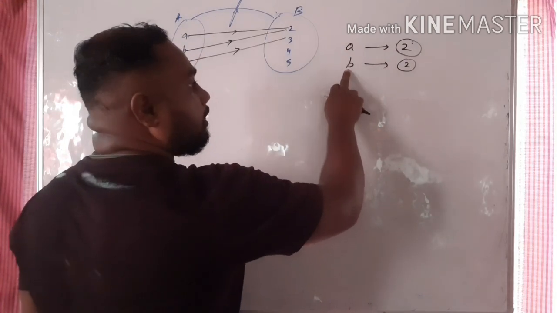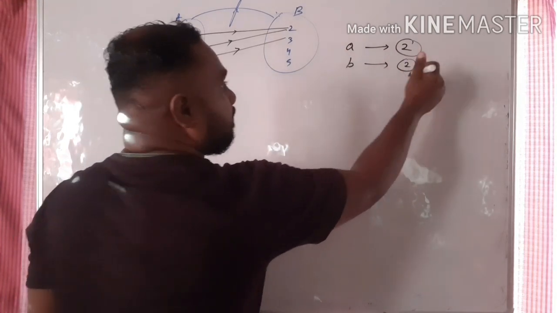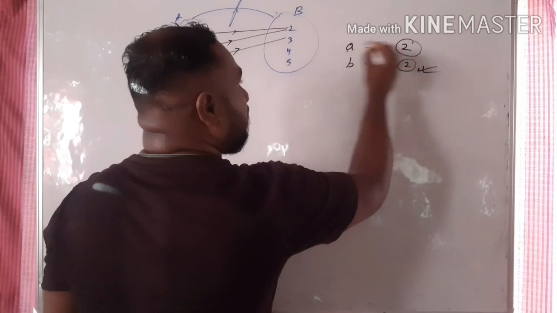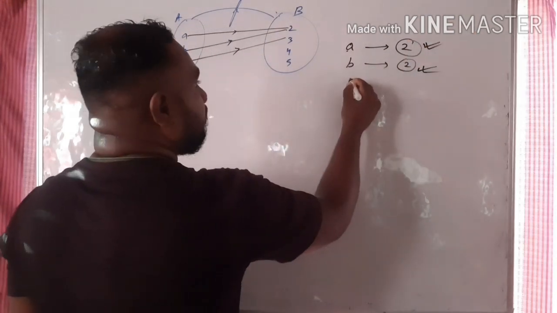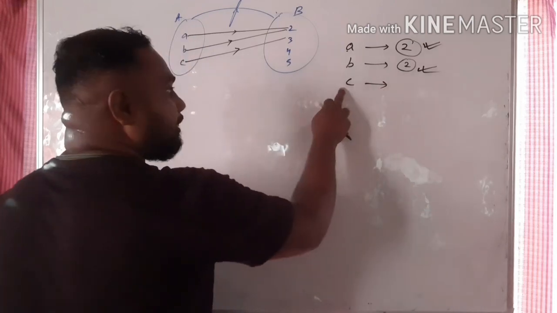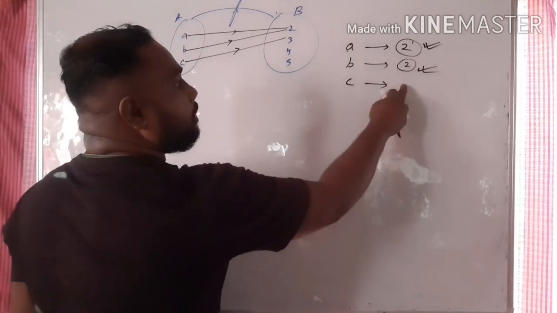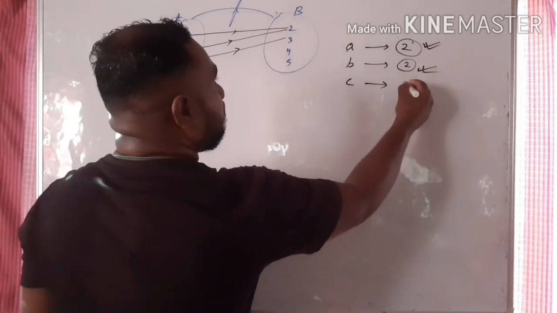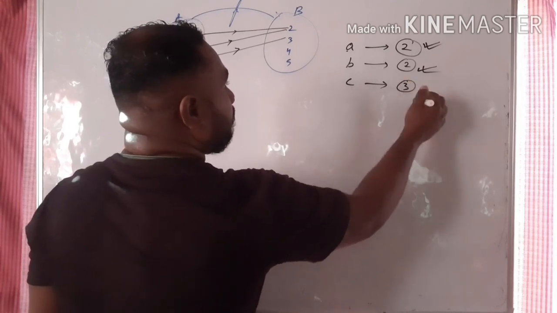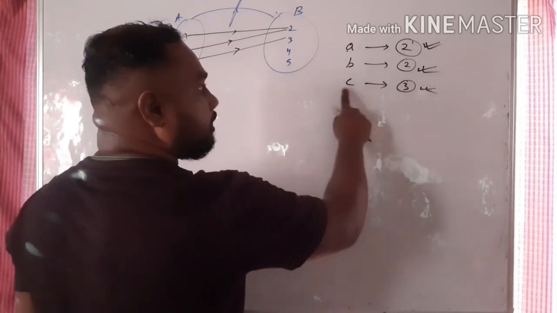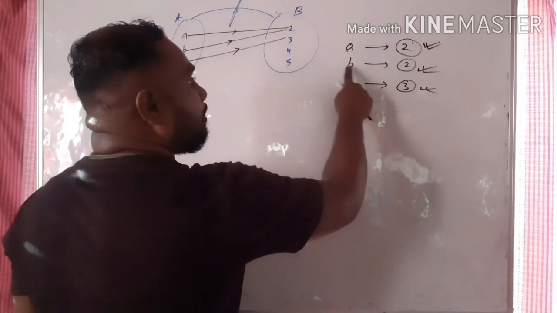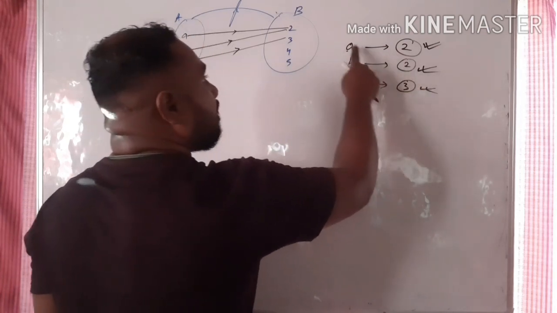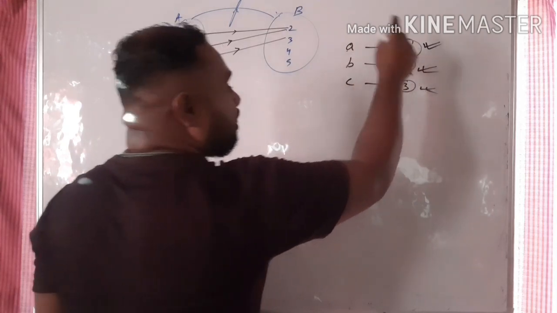For b I have a unique image, and for a also a unique image. And c is associated with a unique element in B, that is 3. It is only one element, that's why it is called a unique element.